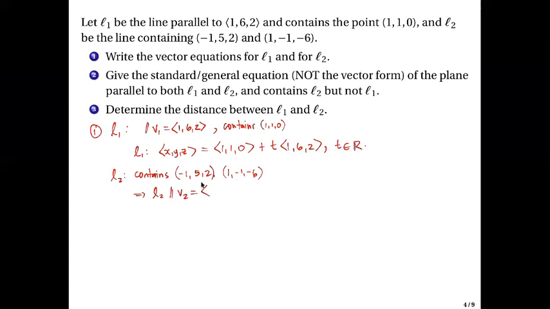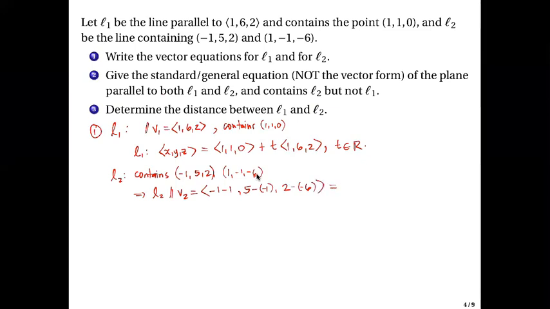So we have -1 minus 1, then 5 minus -1, and 2 minus -6.